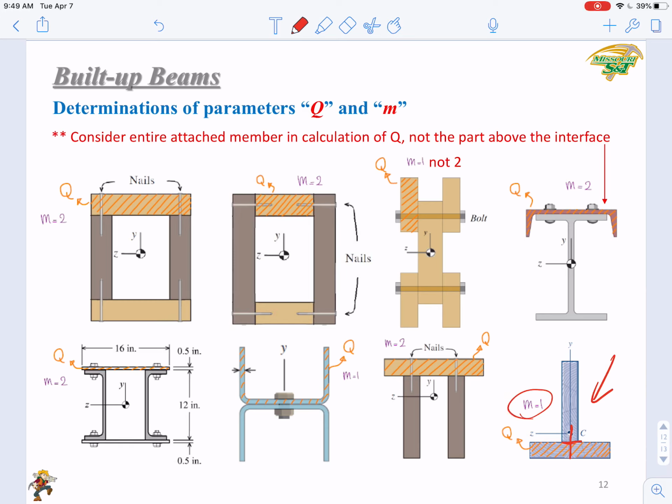And in this case, also you have just one row of bolts and one face will be sheared, so the M is 1.